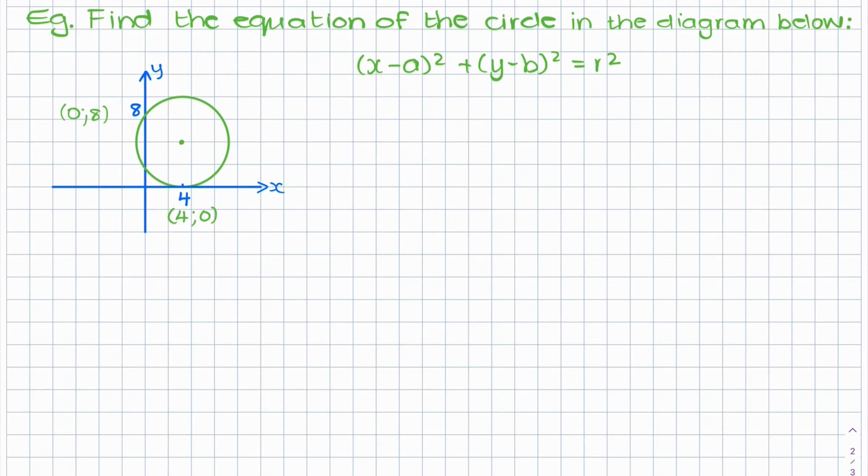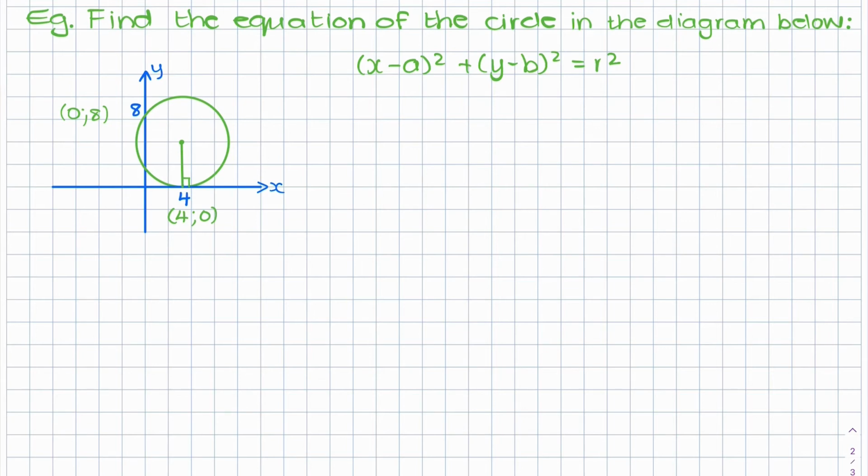So if we have a look at the point of contact, if we join that point of contact with the center, we actually have the radius, and that radius is perpendicular to the x-axis because of the theorem which says the radius is perpendicular to the tangent, if you remember from circle geometry.